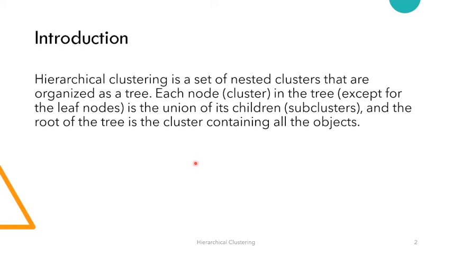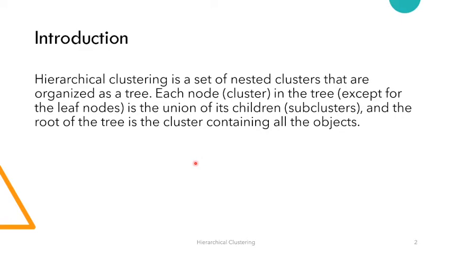Now, hierarchical clustering is a type of clustering in which each data is grouped into a set of other data so that they form clusters, and each cluster has some nested subclusters.